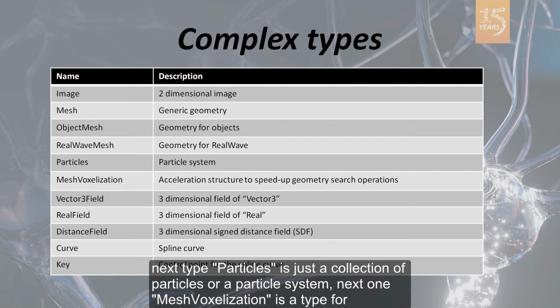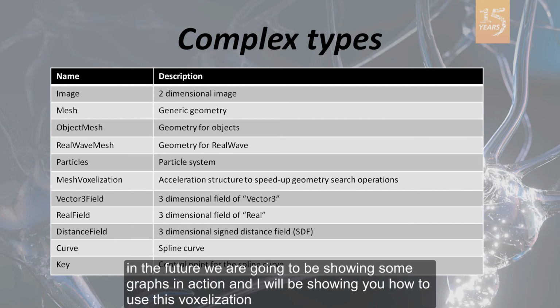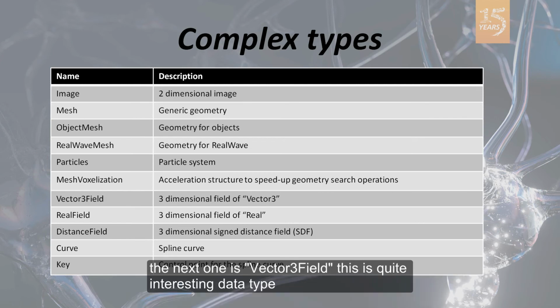Next one, mesh voxelization, is a type for variables that are used as an acceleration structure to speed up geometry search operations. In the future, we are going to be showing some graphs in action, and I will be showing you how to use this voxelization. And the next one is the vector 3 field.